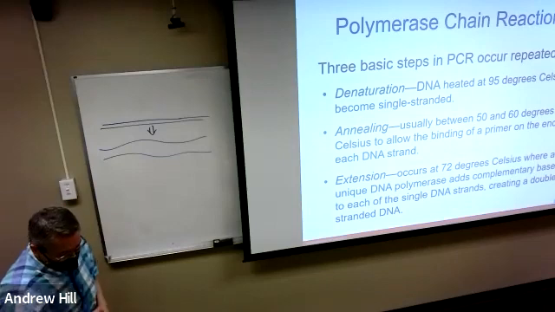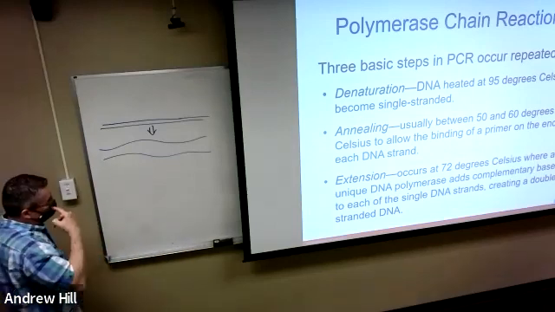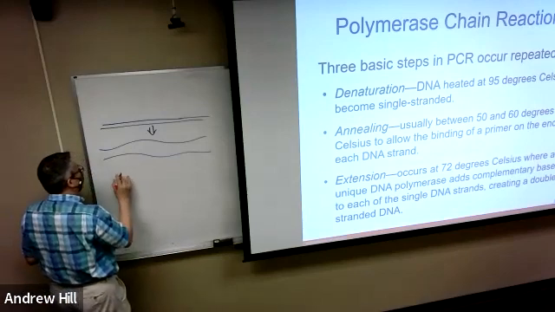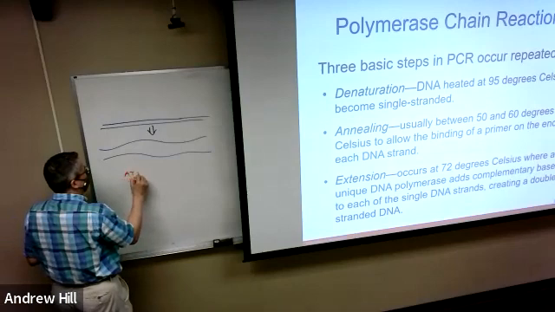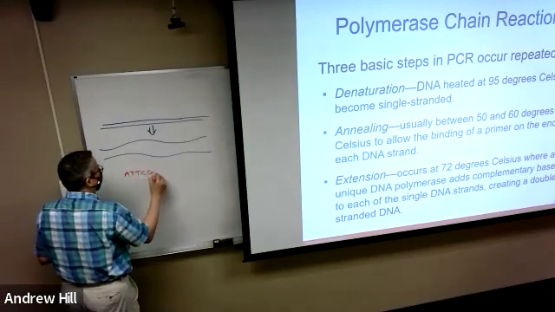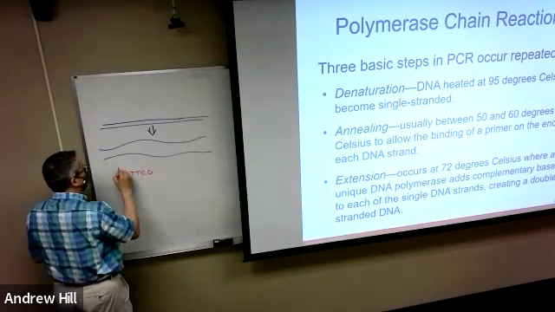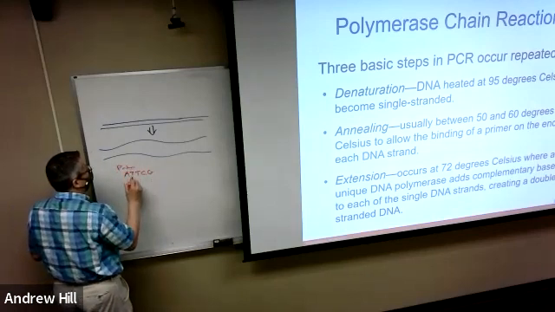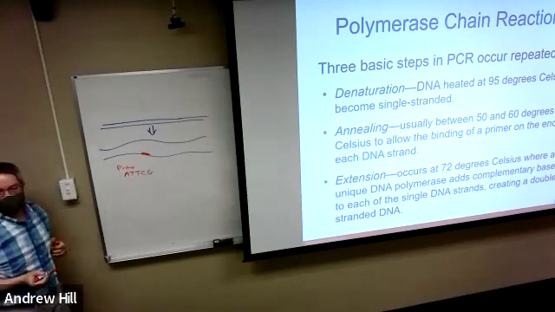Then what you're going to do is add a primer. Okay. What is a primer? Well, you go to your companies online, and you say, okay, look, I want a primer that's A, T, T, C, G, some sequence, right? This is going to be called our primer. And it's going to be complementary to this DNA. So it's going to come in here and find the complementary sequence on one of the strands of the DNA.